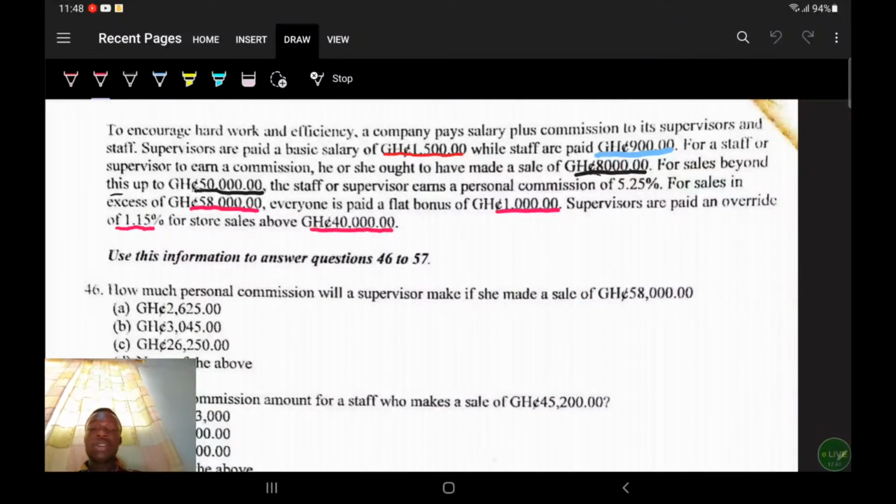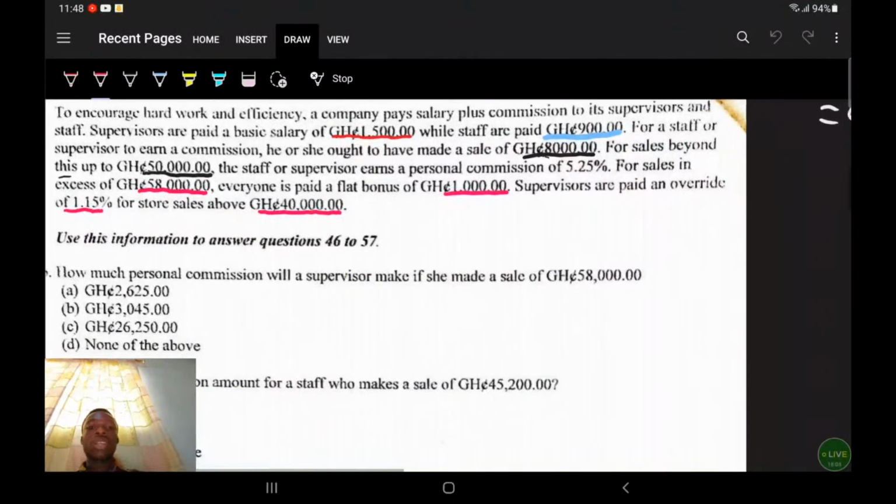So irrespective of the sales you made, you should cross the minimum quota of 8,000 and be within the range of 8,000 to 50,000. That's what they wanted us to understand from this scenario. Let's see how we can deal with this.